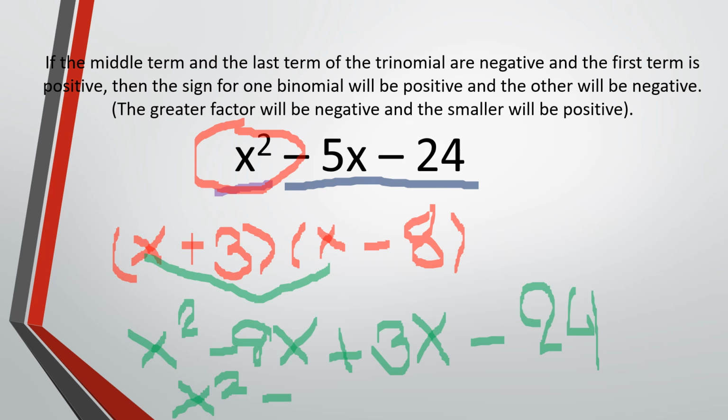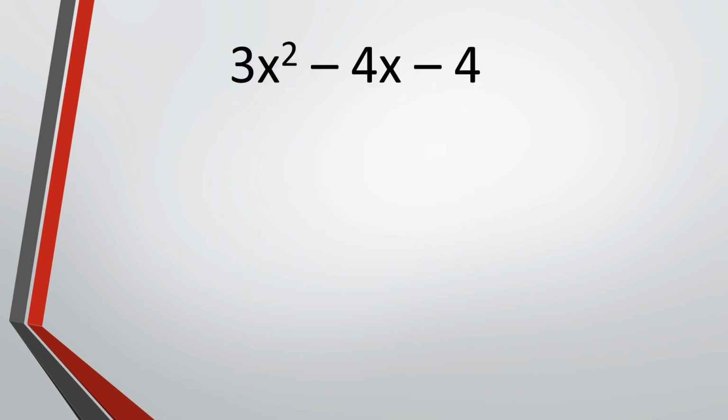We have 8 subtracted by 3, we have 5x, minus 24. Therefore, our factored form is correct.